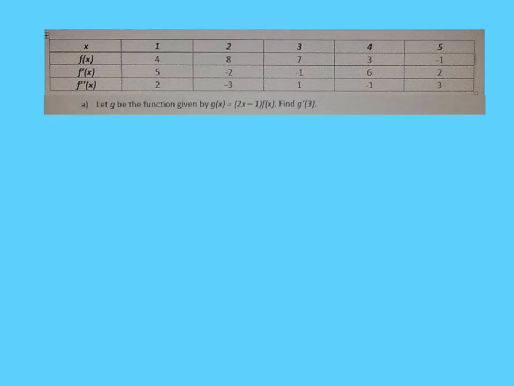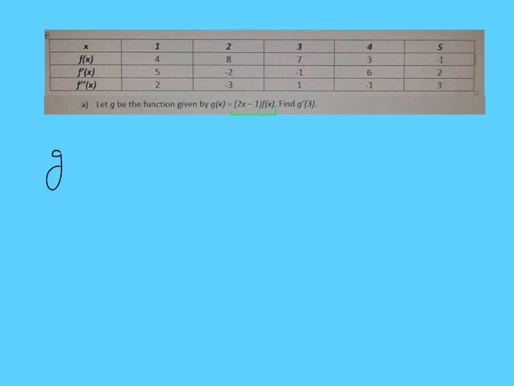All right, for part A then, we have our chart. We're told that g is the function 2x minus 1 times f of x, and we want to find g prime of 3, the derivative of g evaluated at 3. So that's all we're really testing here: we need to find the derivative. But we do have a product, so we have the first part and the second part here, and we're going to use the product rule.